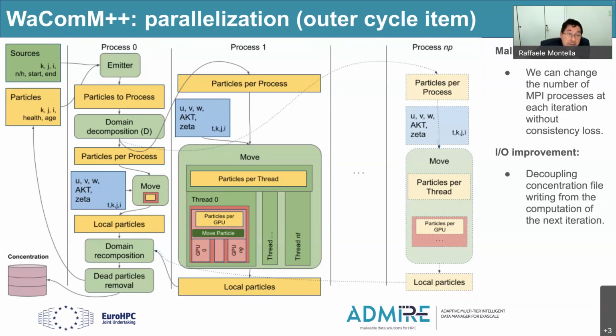First of all, supposing we have one ocean state for each simulated hour, we can change the number of MPI processes without any loss of consistency, because basically we restart the simulation each hour.